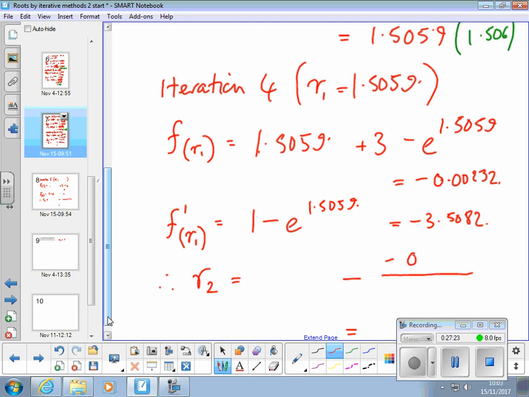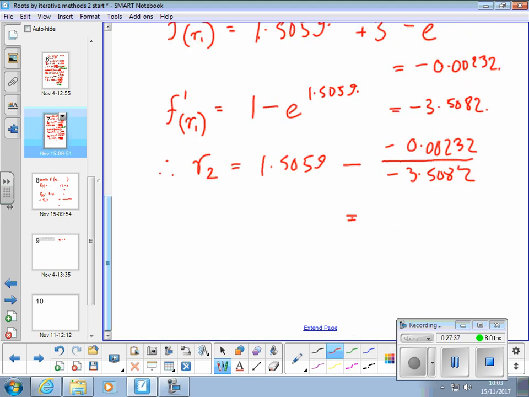So put those figures in here. This is 1.5. We get a new guess of 1.5052, which rounds to 1.505.